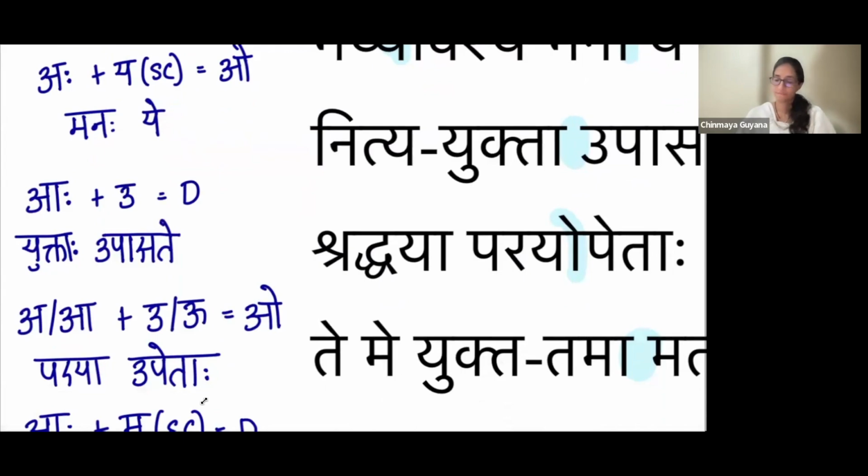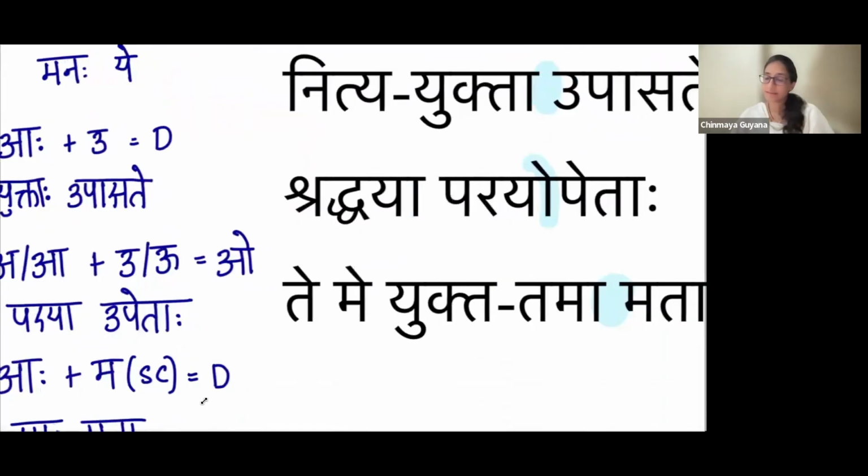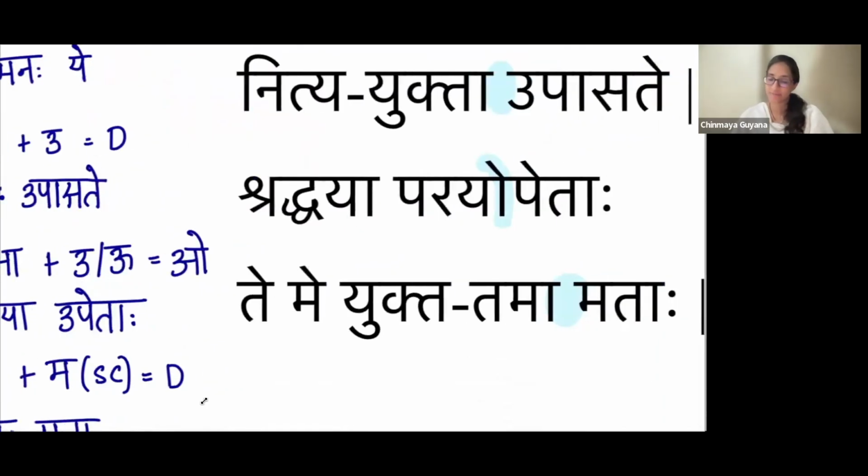Tamamataha. Now we're on this one. Tama, mataha. Is this a vowel or visarga sandhi? A is an answer in vowel sandhi, but there is a magic space here. I don't know about you, but when I see a space, I'm like, oh, so easy.